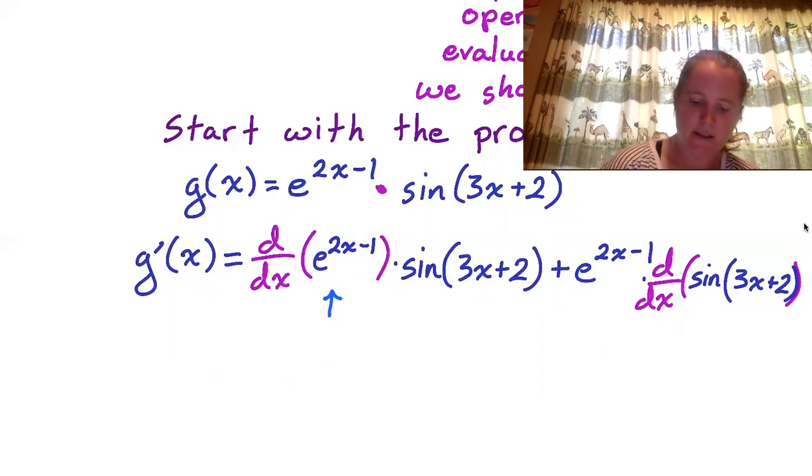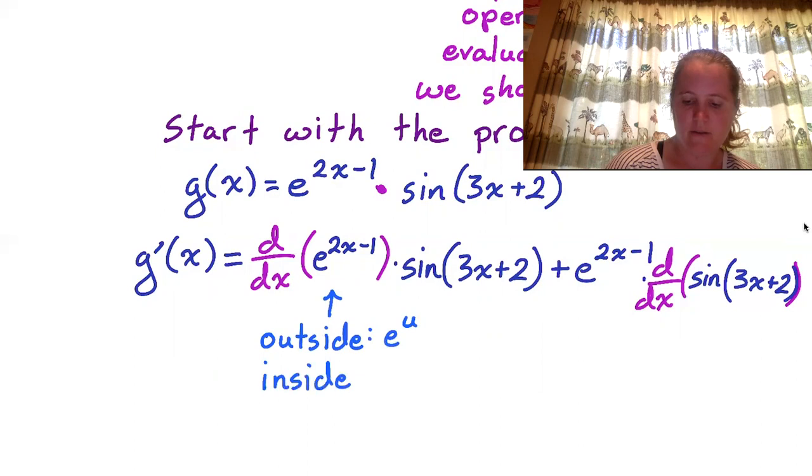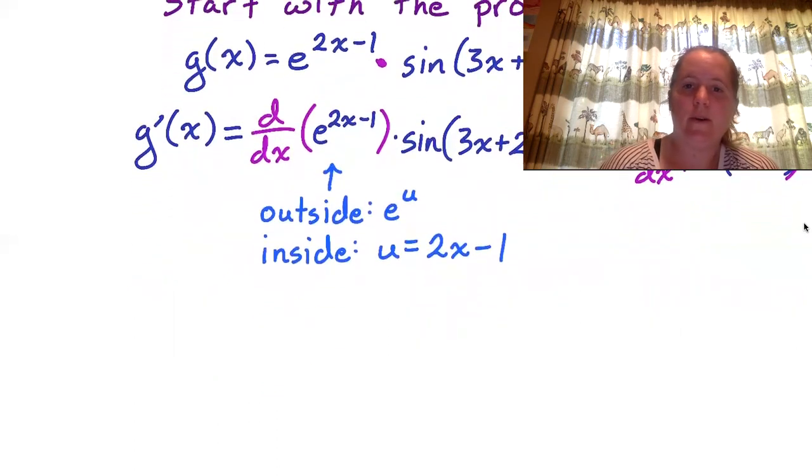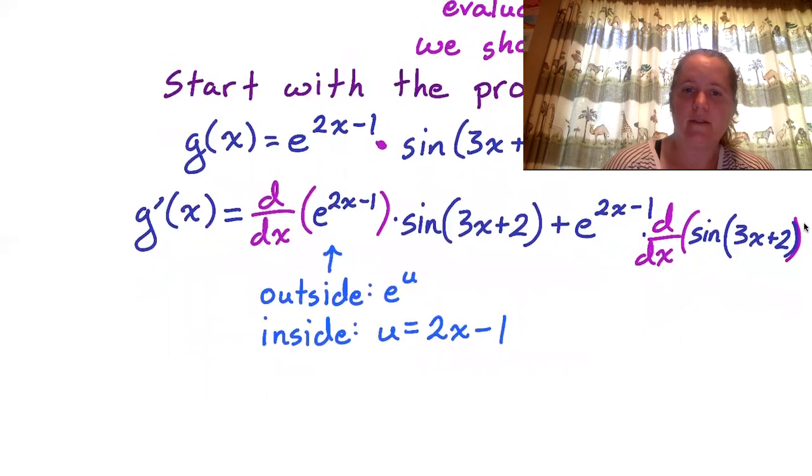So in this case, my outside function is e to the u. My inside will be u equals 2x minus 1. And then we'll worry about the other one after the fact.